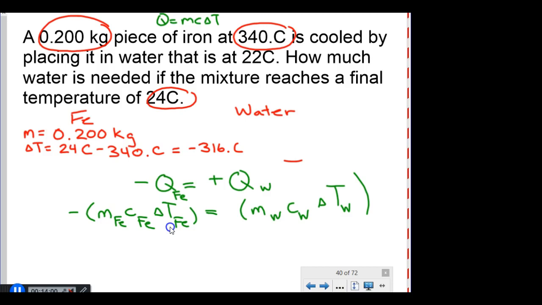The negative matters. The other thing that I need about iron is C, specific heat capacity. When I look through the stem, I don't see the specific heat capacity of iron. Oh, yes. Awesome. Find your chart. If you've lost your chart, it's back there behind Kelton on the board. Do you know what chart I'm talking about?